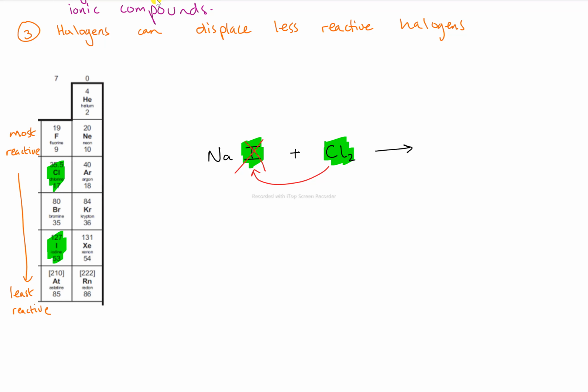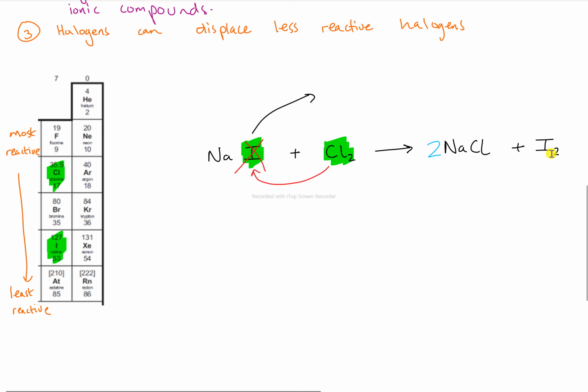So you're going to end up with sodium chloride, right? And then this iodine is going to get kicked out and it becomes iodine on its own. And because it's diatomic, because it runs around in twos, you have that. Now we have to go balance it. So we've got one chlorine here, two here, so we need two chlorines there.